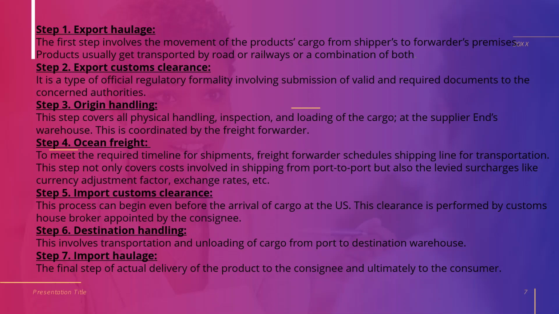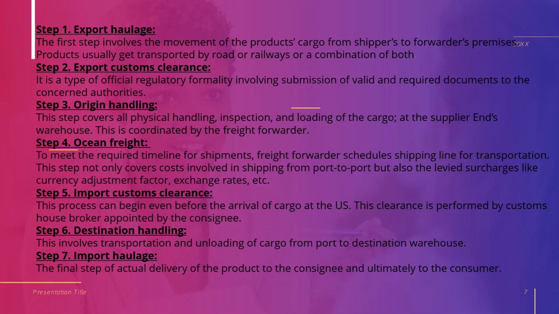Next is import customs clearance. This needs to be done on our buyer side. We need to arrange our forwarder, or our forwarder will do it on behalf of us. That is the clearance process. This clearance is performed by a customs house broker appointed by the consignee. Next is destination handling.